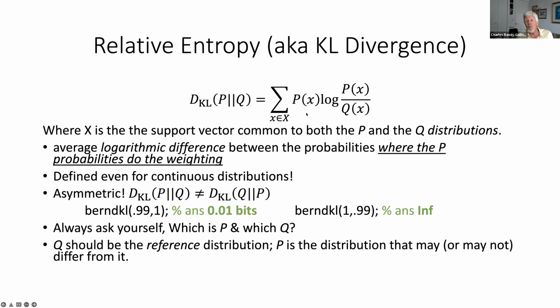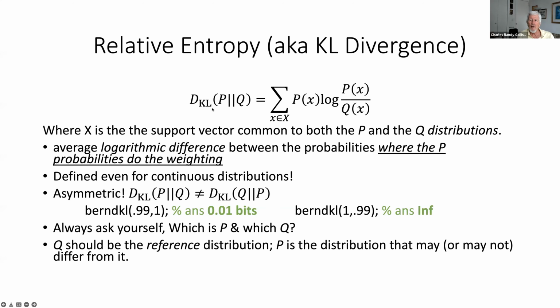And here's the formula for that divergence. So let me walk you through this. Here's the standard expression for the Kullback-Leibler divergence over on the left. And it's a measure of the extent to which one distribution differs from another distribution.